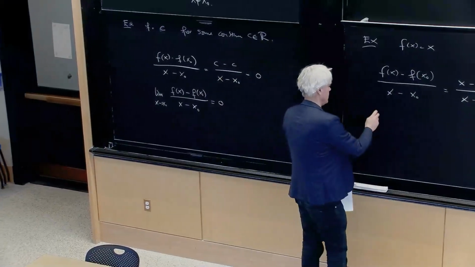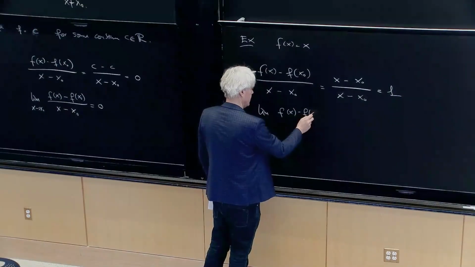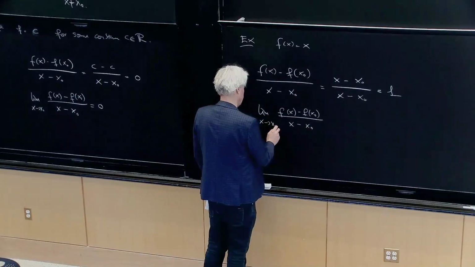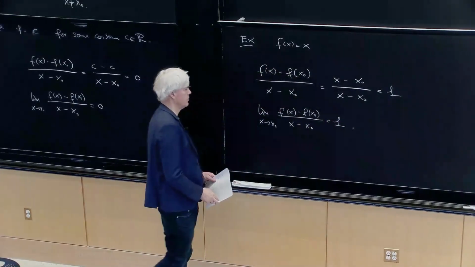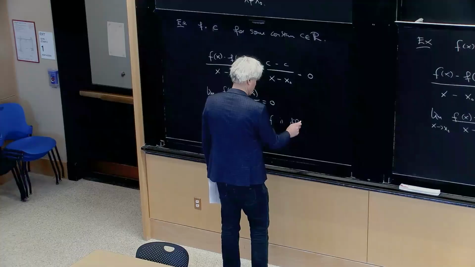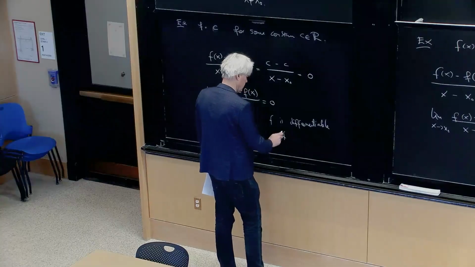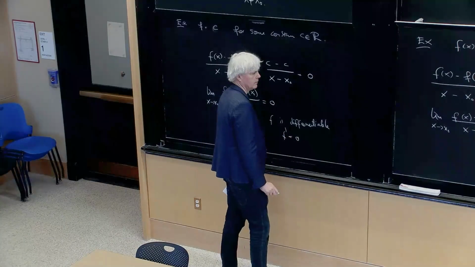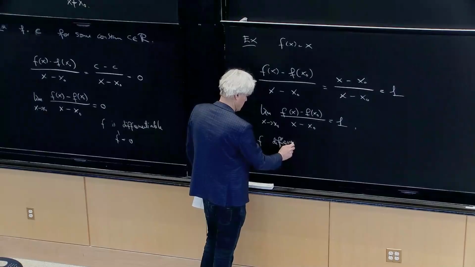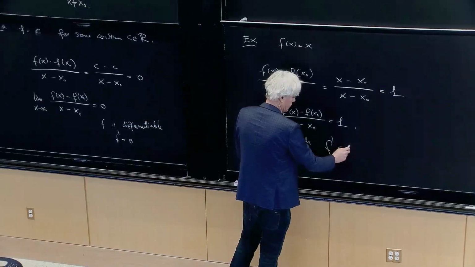So the limit, of course, in this case also exists, and it's equal to 1. Right, so in the first case, f is differentiable at all points, and the derivative at all points is equal to 0. In this case, f here is also differentiable, and the derivative at all points is equal to 1.